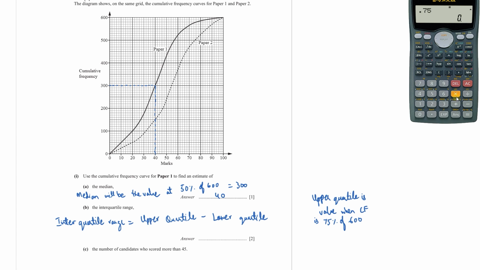So let's calculate 0.75 of 600, which is 450. So let's see what's the value when cumulative frequency is 450. So 450 is this line, and it's at this point.